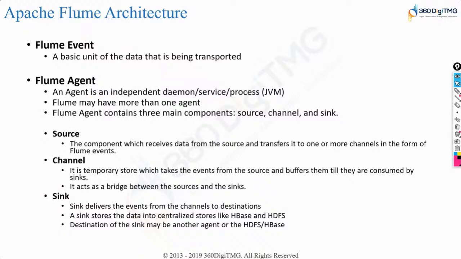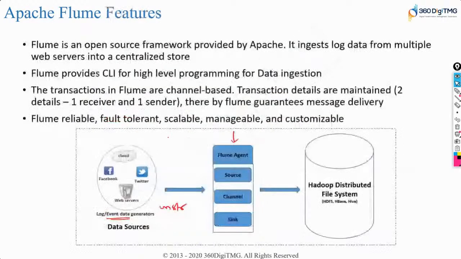And we might have multiple agents, not just one agent. In each agent, we have three major components: source, channel, and sink. Source is the component of the agent which collects the data. So here, if I have to draw, the log that is getting generated is going to source.